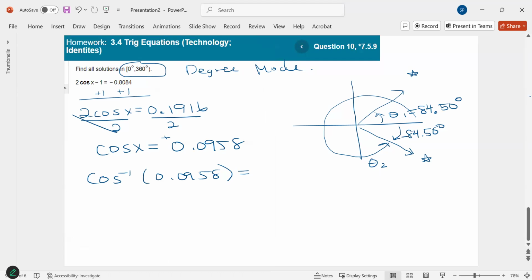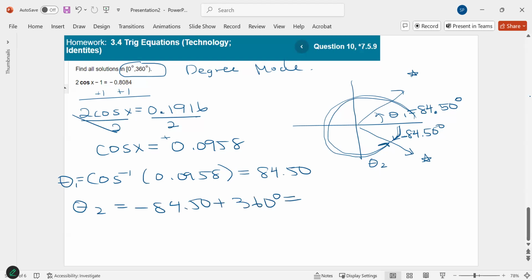But we want to go all the way around. For the second angle, if we add negative 84.50 plus 360 degrees, that'll give us angle 2.